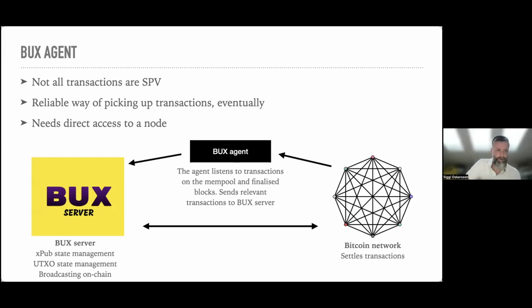So directly start talking to the network directly. So if we just have any inkling of a transaction that's related to any XPub or any account that's in BUX, then we will be able to sync up the state and how many confirmations there are and all that kind of stuff.